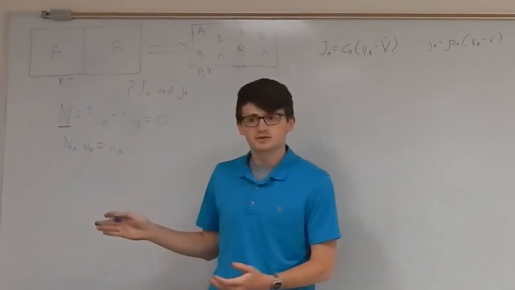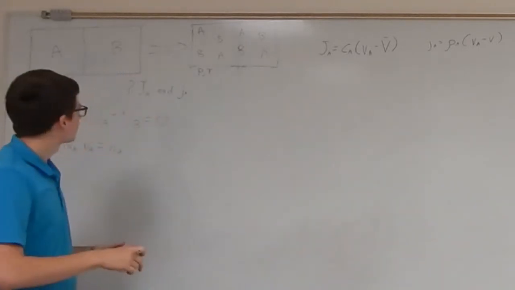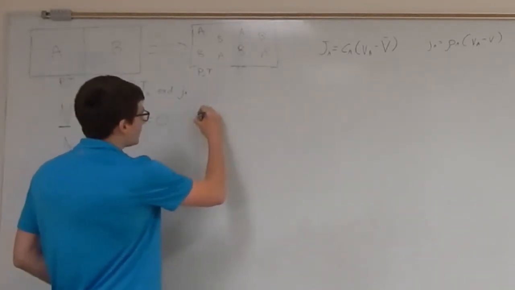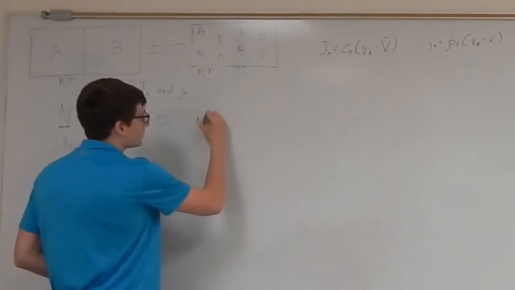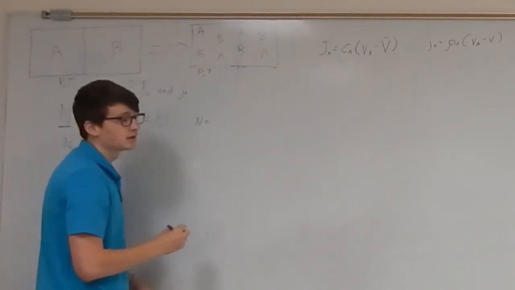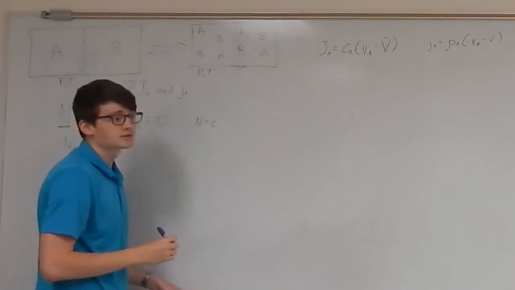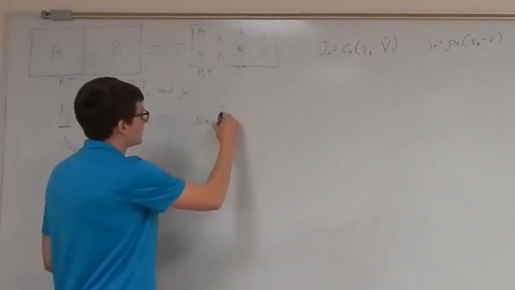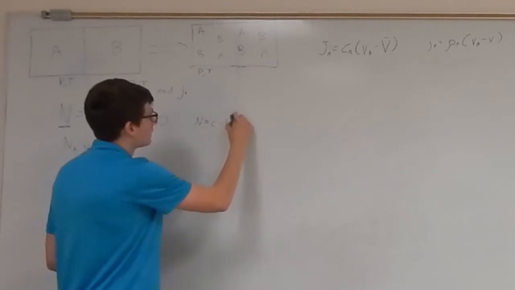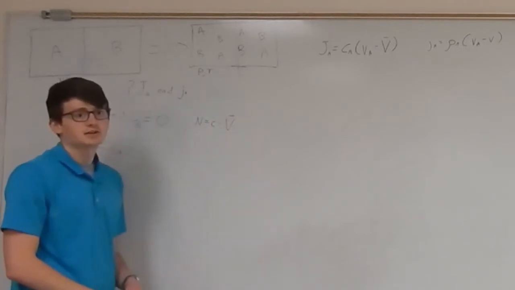We've already established this. If you don't understand, go back and take a look at that bit. We can also know the total molar flux equals the concentration of the system times the molar average velocity.